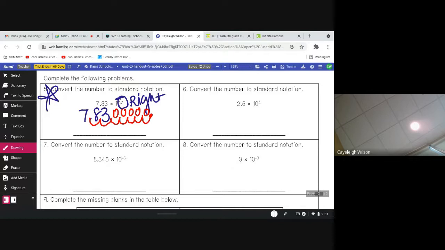And if it's positive, I move it to the right. I started with the decimal where it was, and I moved it 7 places to the right. And that gave me this number, with 5 zeros on it. So this would be 78,300,000. Are there any questions on that one?